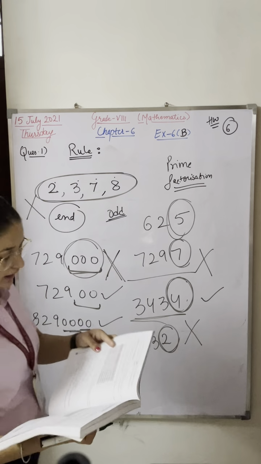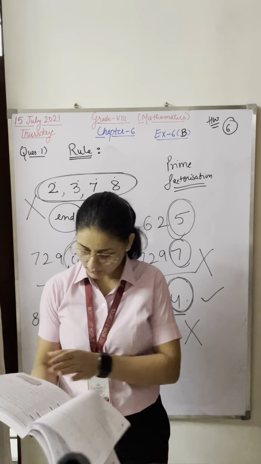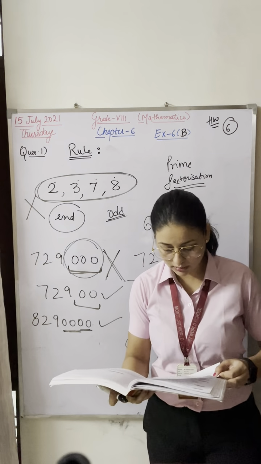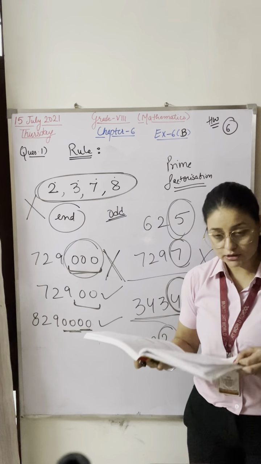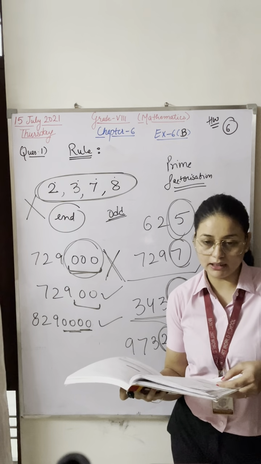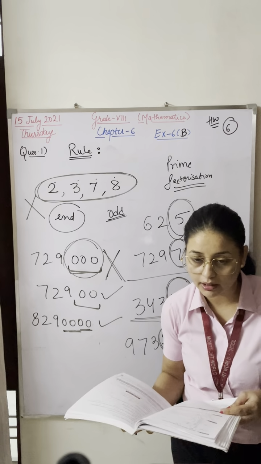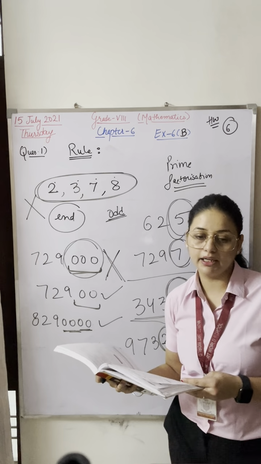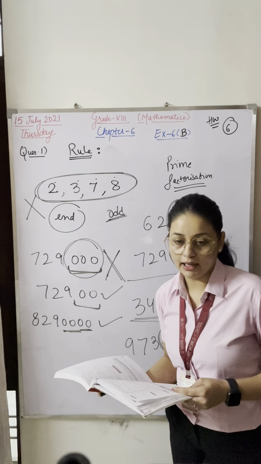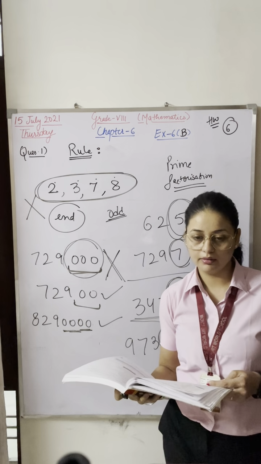Now please identify from the first question which are the perfect squares. Please identify part 1, part 2, part 3. Which number is a perfect square? Simarpreet, very good. Ashima, no. Manvi, Shraddha, fine.